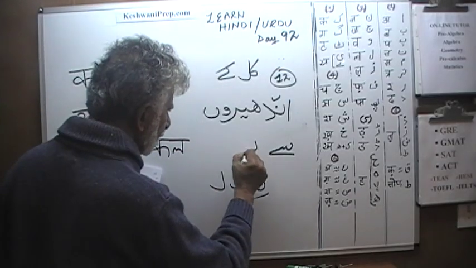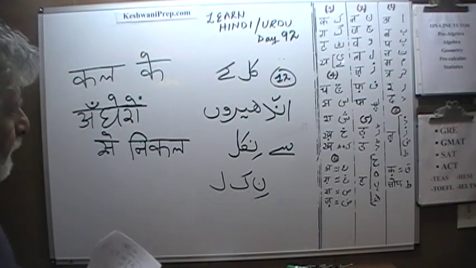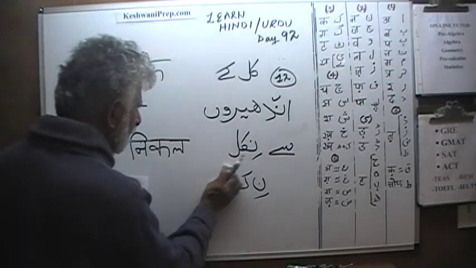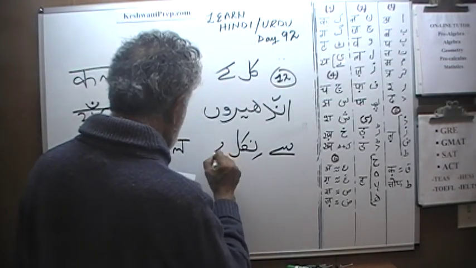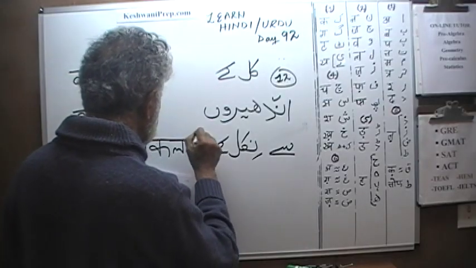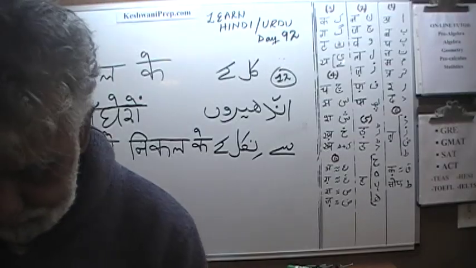When we put it together, it's going to look like this. Nikal. कल के अंधेरों से निकल के. We'll do the next line separately.